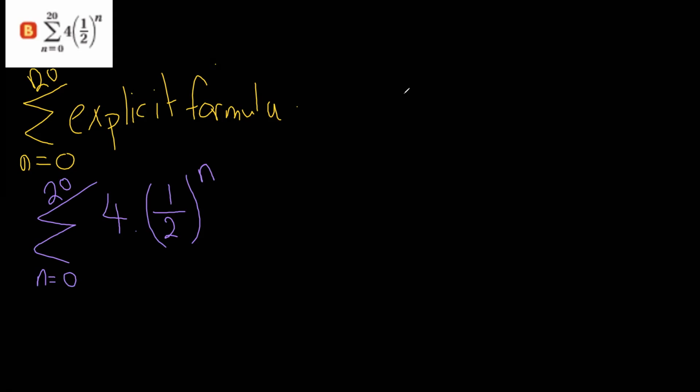Now, but before that, I told you before that the arithmetic is like a linear function and the geometric is like an exponential function. The arithmetic function is like a n plus b. So if I told you that the explicit formula for the arithmetic series is 4n plus 3, what does it mean?